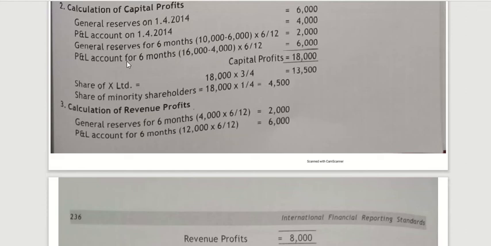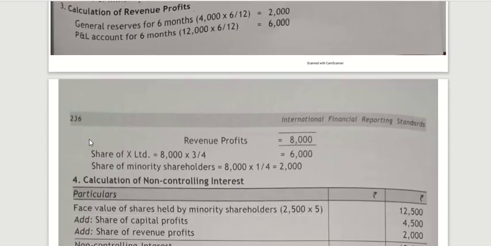In the same way, for profit and loss account, for 6 months, 16,000 from the balance sheet minus your 4,000, the profit and loss account on 1/4/2014, into 6 by 12, which is 6,000. So your capital profit is 18,000 if you total it up. The share of X Limited is 18,000 into 3 by 4, which is 13,500. Share of minority shareholders is 18,000 into 1 by 4, which is 4,500.